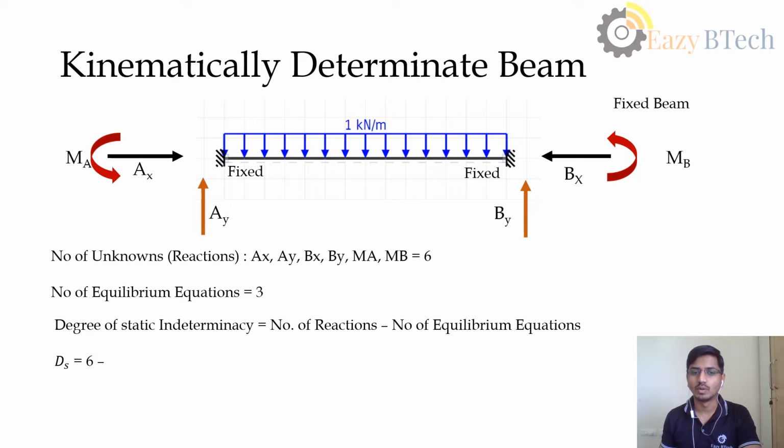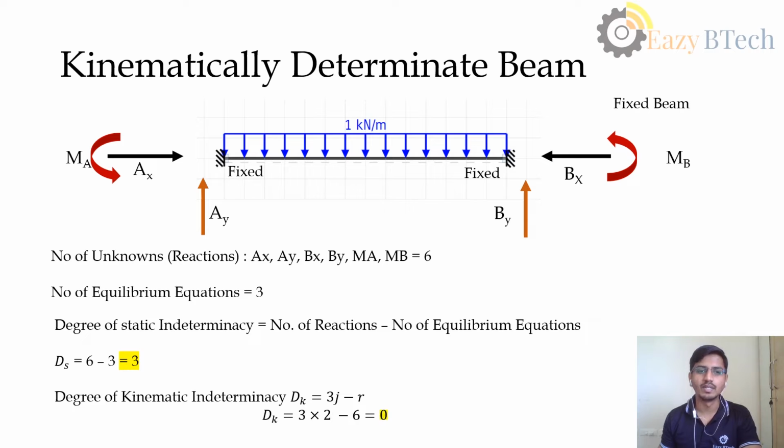But when we come to kinematic indeterminacy, the fixed ends prevent any movement. So the degree of freedom at this end is 0, and at the other end is 0. The sum of these two gives the degree of kinematic indeterminacy, so Dk will be equal to 0.